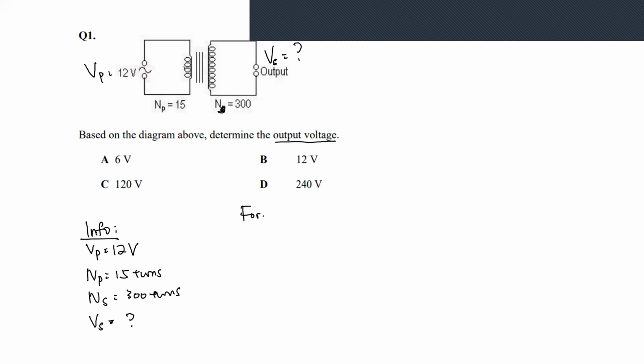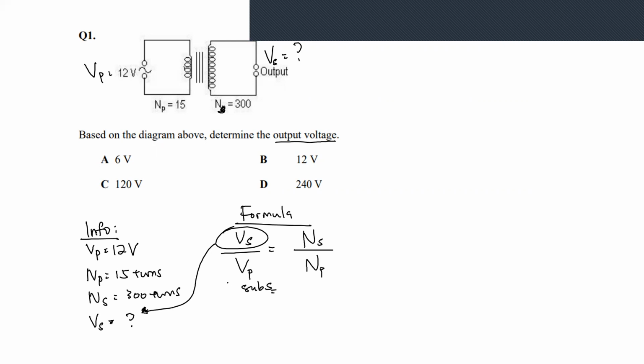So number 2, formula. Remember, on top of the left-hand side, always put the unknown, VS over VP equals NS over NP, the ratio. Right, then next, substitute. VS over VP 12 equals NS 300 over NP 15.